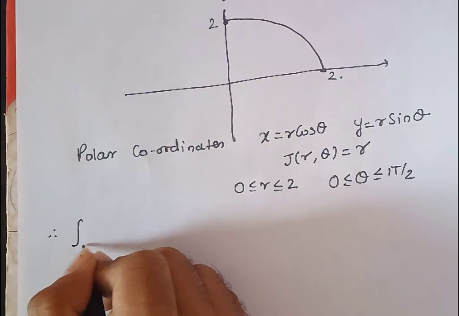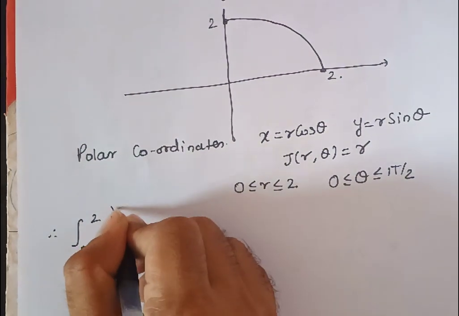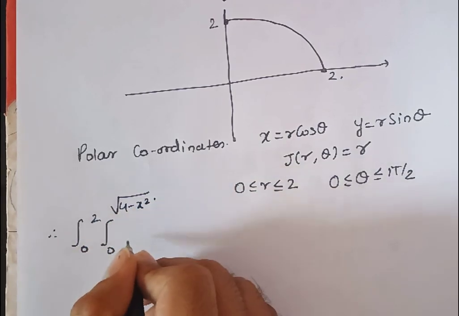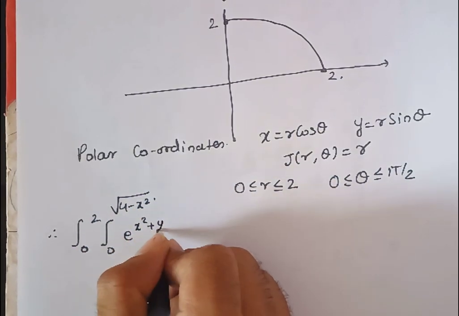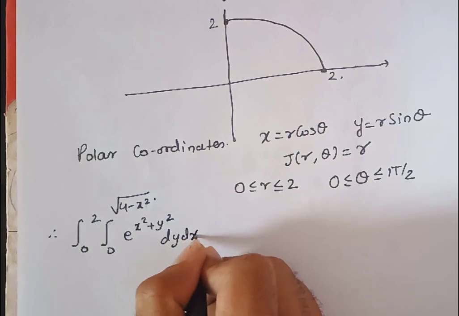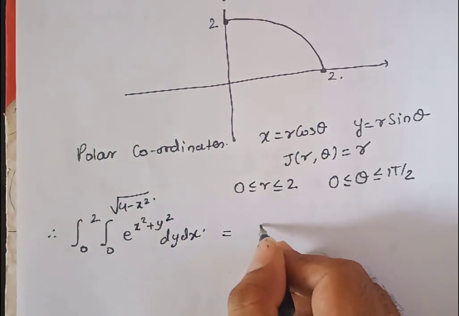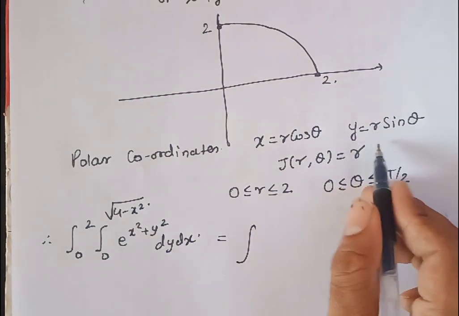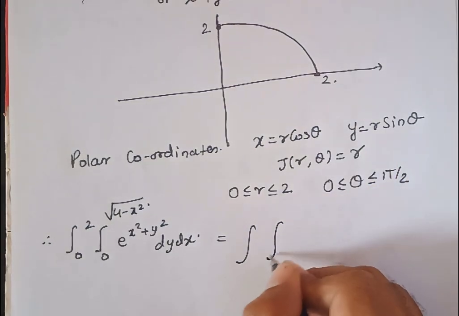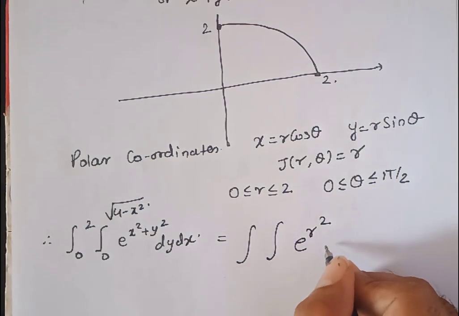By change of variable, this integration whatever was given to us, e raised to x square plus y square dy dx, if we substitute x equal to r cos theta and y equal to r sin theta, will become e raised to r square.